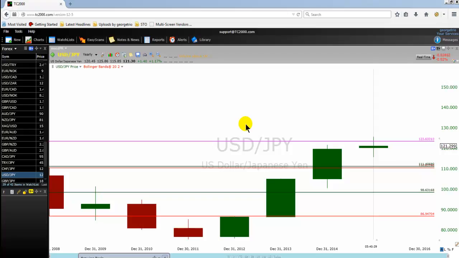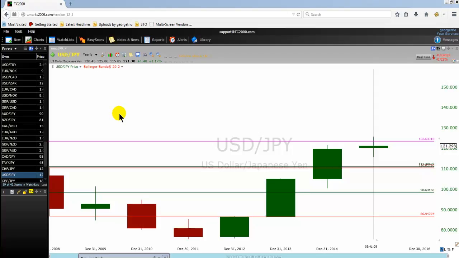A lot of Forex traders find it a bit tricky to trade the dollar yen. Myself, I call this currency pair the crazy currency pair because there are many crazy trading robots that are trading this currency pair. All right? It doesn't behave like a normal currency pair. That's why we call it a crazy currency pair. All right?